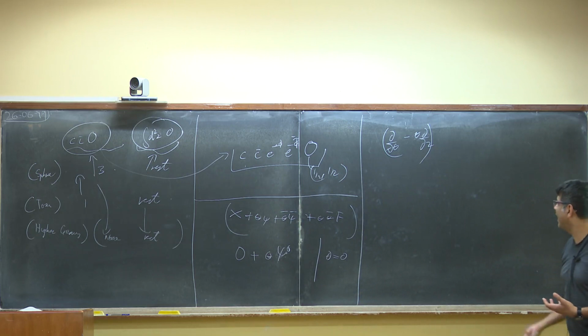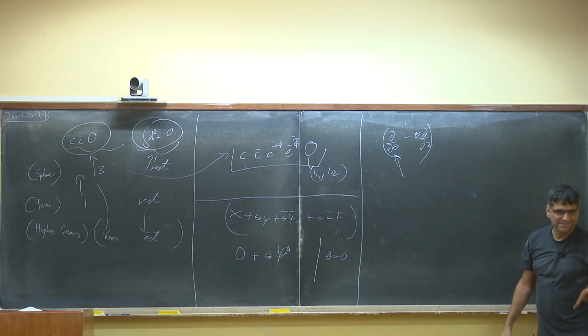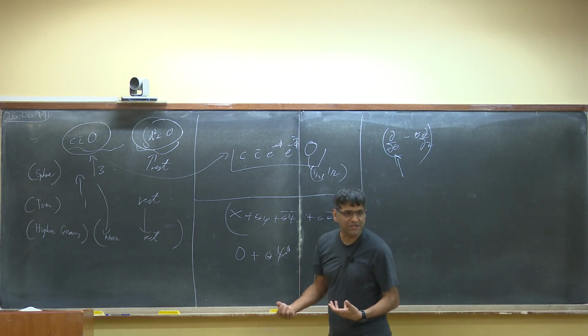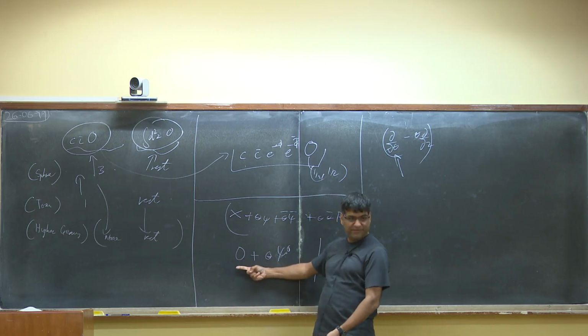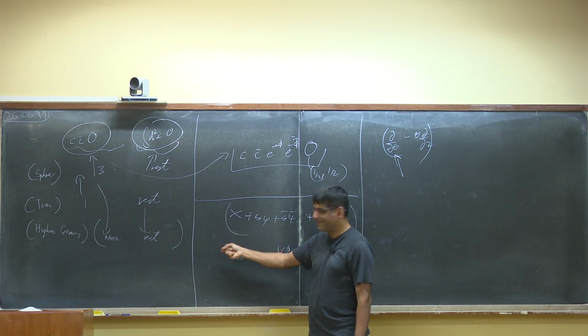Then it's only the derivative that will operate. Which gives us the familiar statement that the action of supersymmetry on O is what you get by taking the derivative of this, and therefore it will be psi.